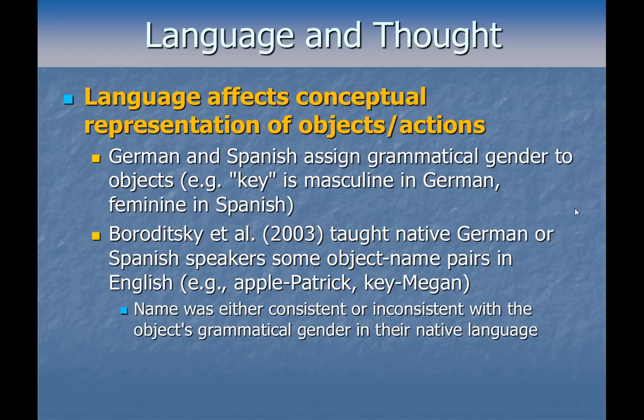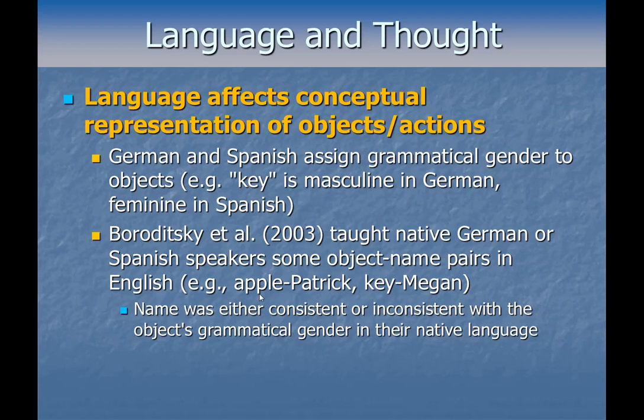A study by Lera Boroditsky, who's a really awesome cognitive psychologist, I believe at UCSD in California, taught native German and native Spanish speakers some object-name pairs in English. These are people who are bilingual. They were native German speakers who now speak English, or native Spanish speakers who now also speak English. And they just did a basic memory task.